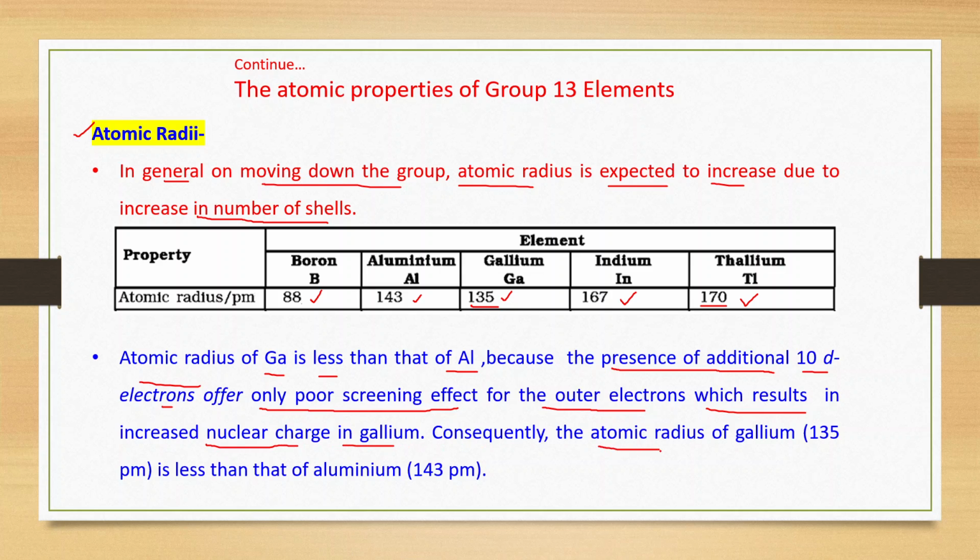Consequently, the atomic radius of gallium, 135 picometer, is less than that of aluminium, 143 picometer. For the same reason, the small increase in atomic radius of thallium is due to the presence of inner d electrons as well as f electrons, which offer poor shielding effect, so nuclear charge is increased.